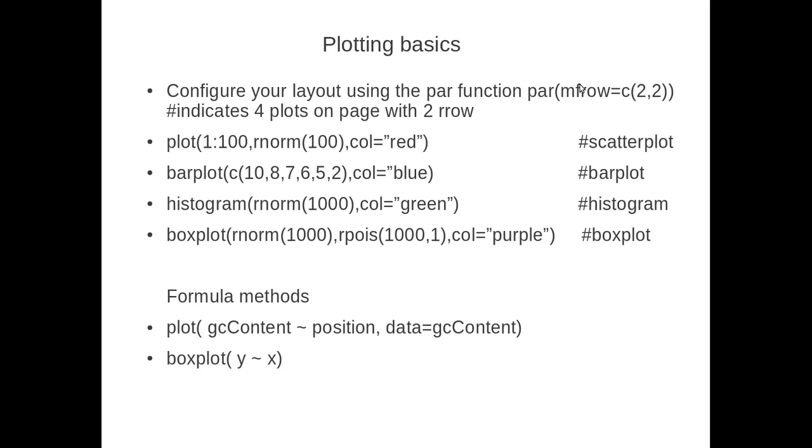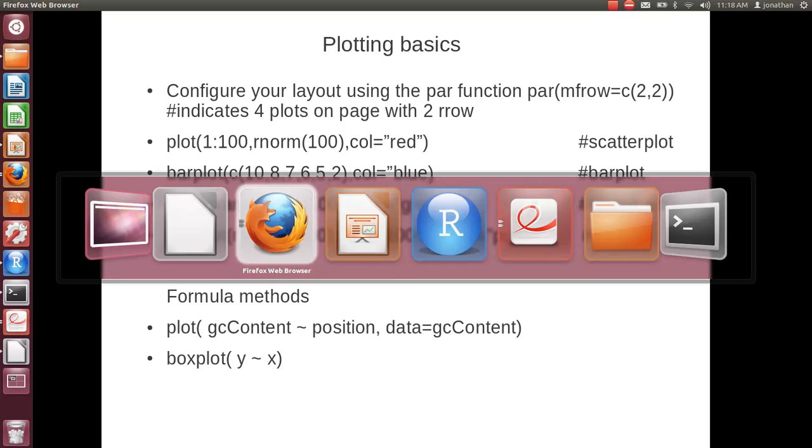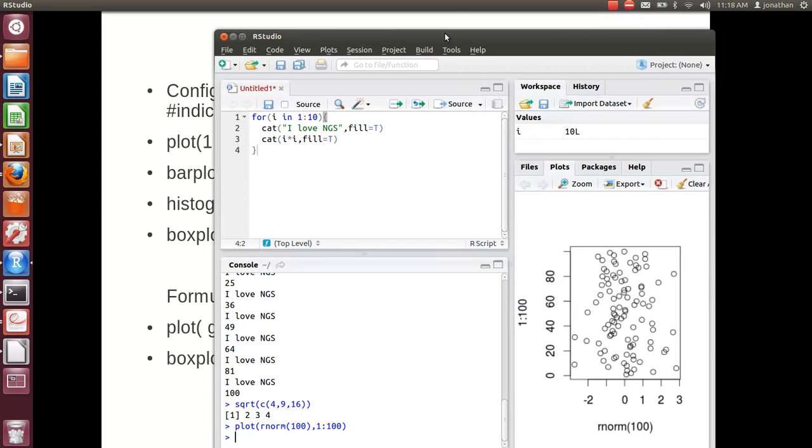But here, this mfrow simply means that we want the next 4 plotting commands that write to the open device to appear on the same device. So we can do a 2x2 matrix of plots. This allows us to create 4 plots on one device, so we can put 4 plots on one PDF.